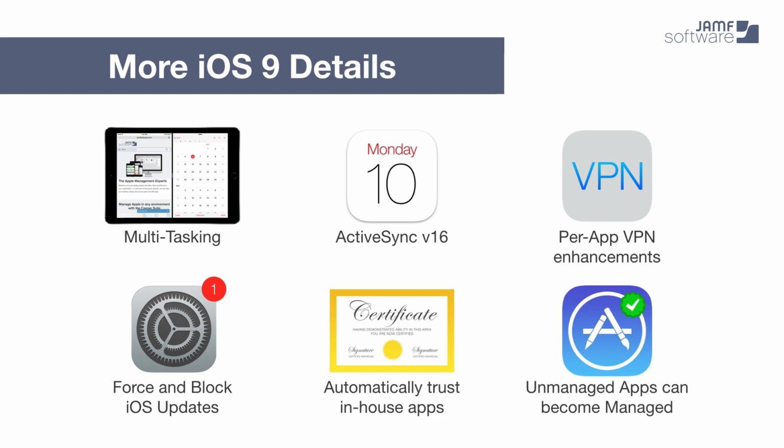That's something that hasn't been out there in the past. There's ways to automatically trust in-house apps by bundling a certificate with it. And there's ways to take the apps that are currently on a user's device and turn them into managed apps, all without having them lose any sort of data.